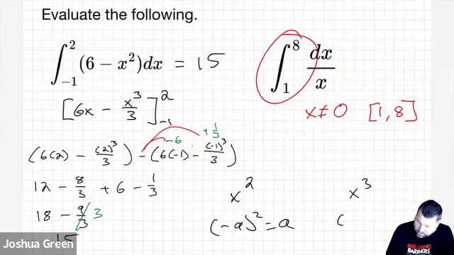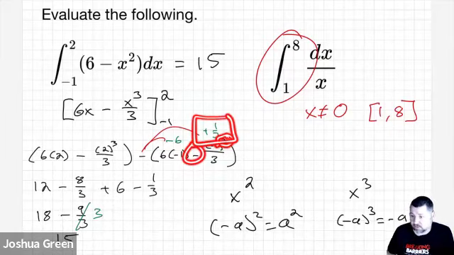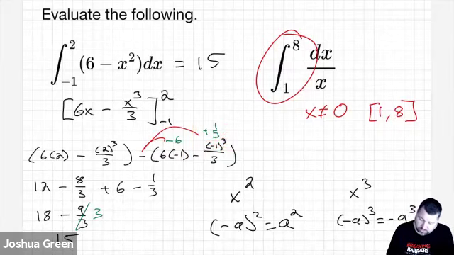An x cubed, a negative value cubed will always be negative. So since this was odd, it ended up being negative, but I was subtracting. So because I was subtracting, that's where it became positive. It was a combination of those things.